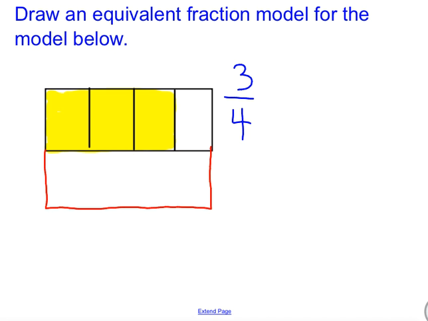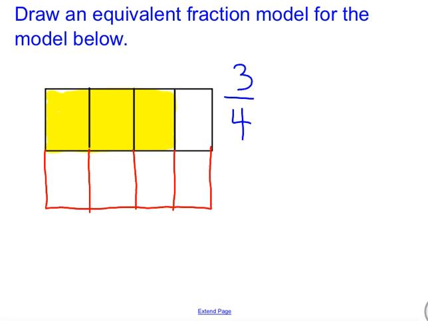And what I'm going to do is actually clone, yes, clone, this exact rectangle that I see. So yes, I'm going to cut it into the same fourths. So I'm just going to replicate it, right? And yes, I'm going to shade in the 3.